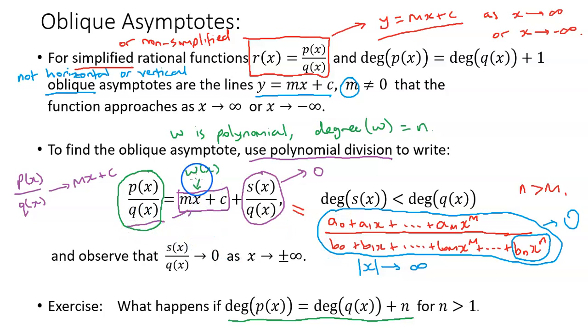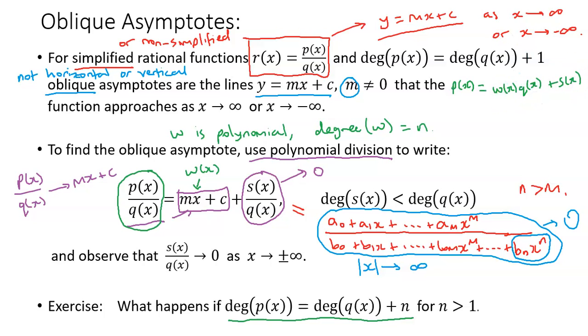Well, one way to see that the degree of w has to equal n is to take this whole equation here and times both sides of it by q of x. And so you would end up with p of x is equal to w of x times q of x plus s of x.